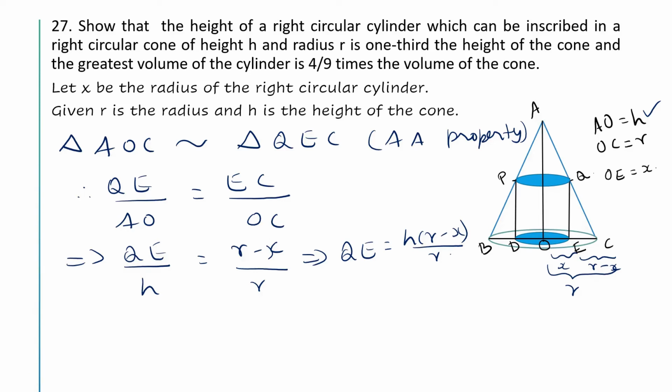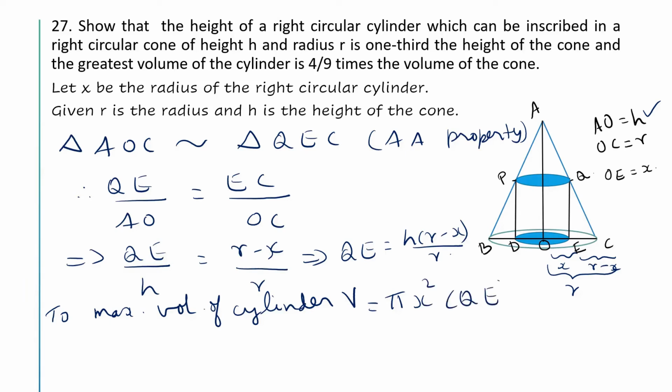Now we have to maximize the volume of the cylinder. So to maximize the volume of the cylinder, V equals pi x square into QE.